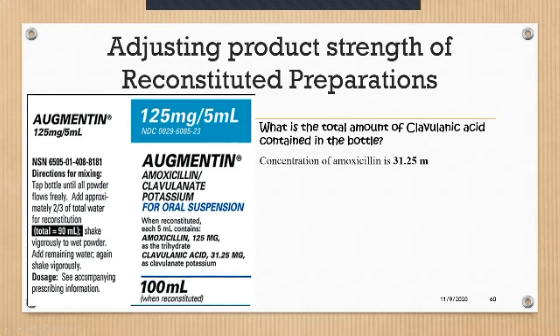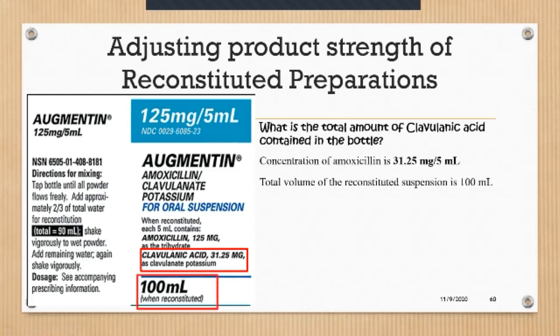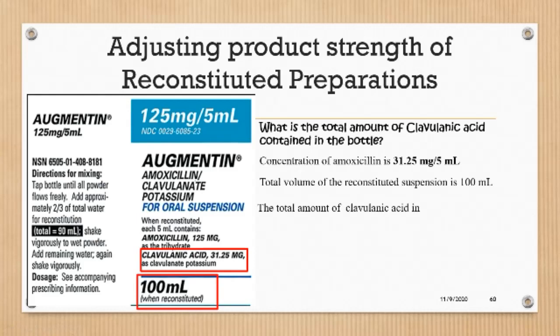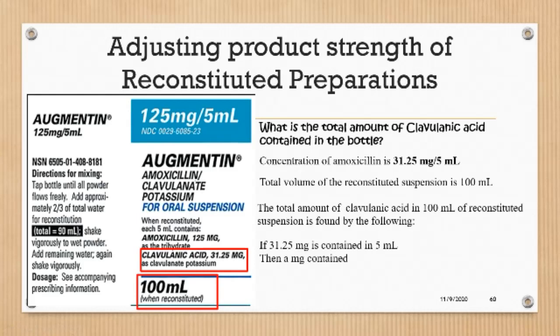What is the total amount of clavulanic acid? Same principle applies. You know that 31.25 milligrams is contained in every 5 mils. Therefore, you can determine the total amount of clavulanic acid that would have been in the 100 mils had you reconstituted it, and that would have been 625 milligrams.